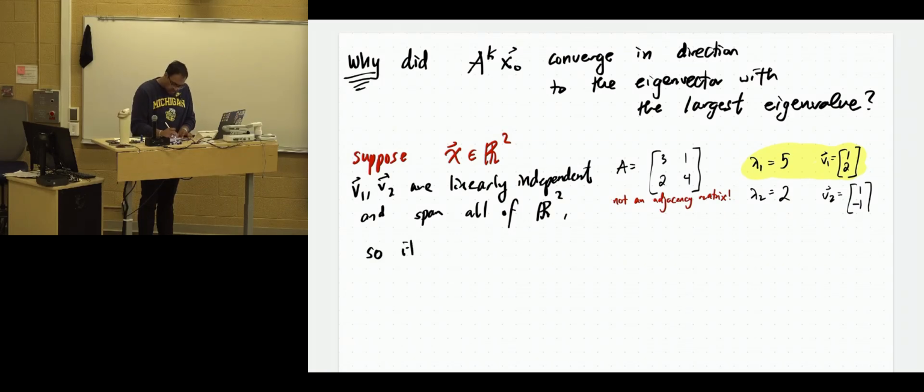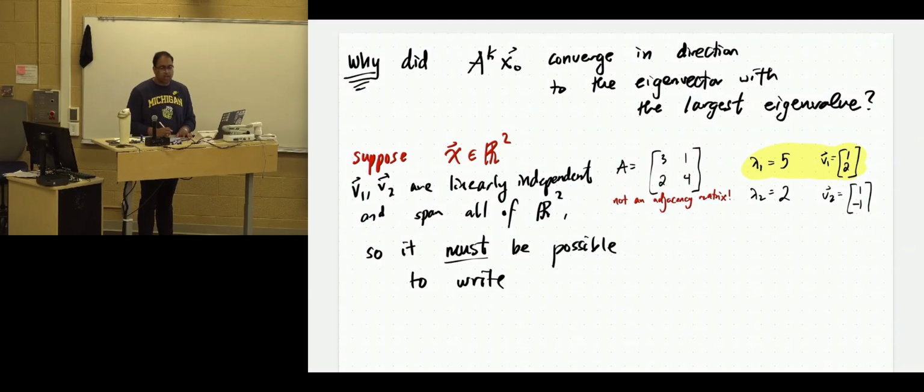So it must be possible to write X as a linear combination of them. Do we agree with that? Doesn't matter what X is, I can make it with V1 and V2.